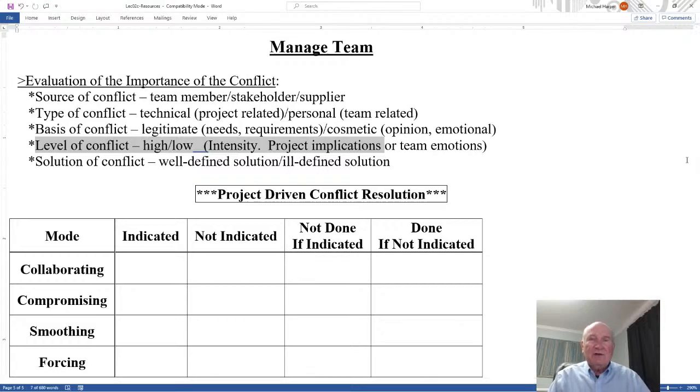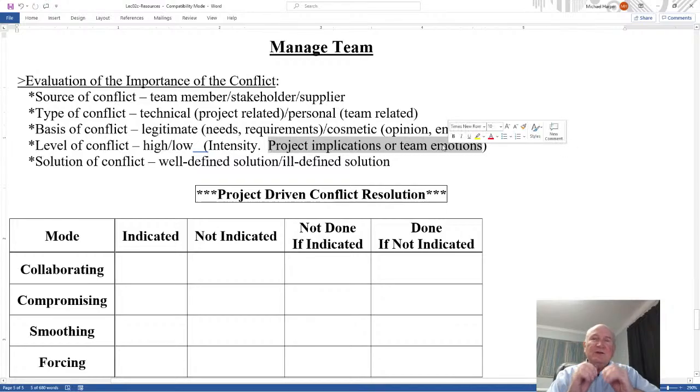High level of conflict, high team emotions: we have to address this because the team emotions are extremely high. If not, the team's going to break up, or that's going to support project failure. If it's very low on project implications or low on team emotions, then address it accordingly. Don't overdo it. Don't overcorrect something that needs a minor correction.